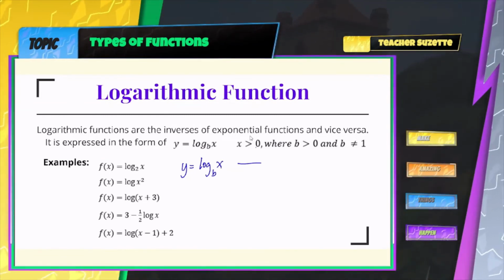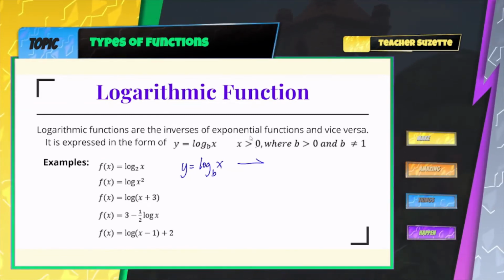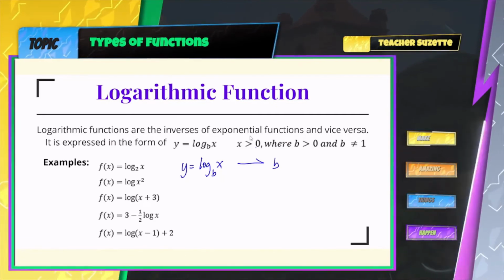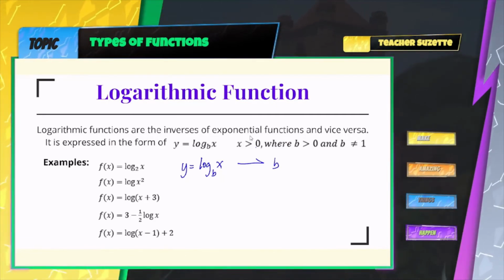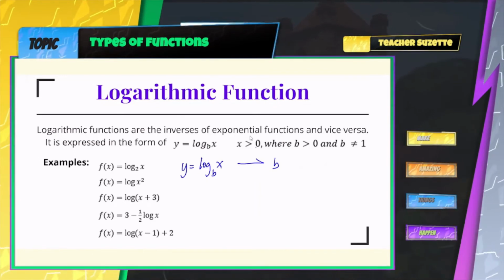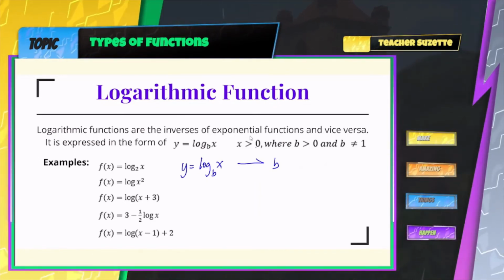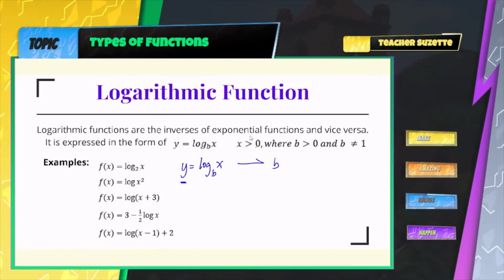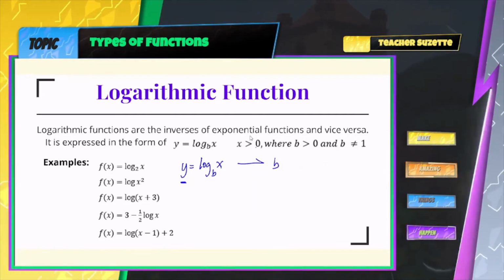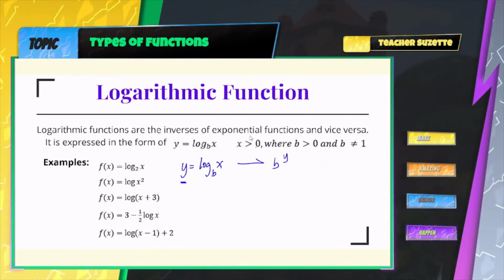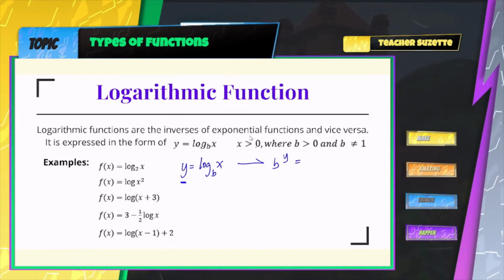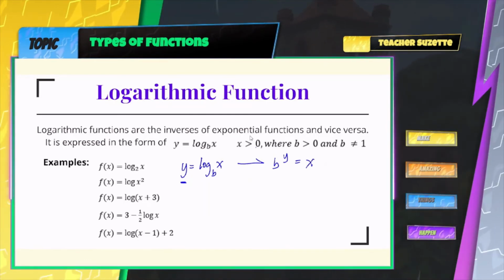When we make it an exponential function, your base will still be b. And in a logarithmic function, you're trying to solve for the exponent. So, the y here will be your exponent. Then you have equal to x.